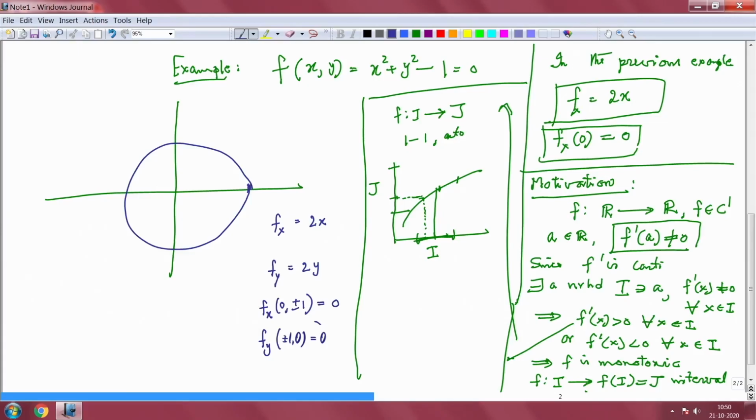So, these are the 4 points. Okay. So, let me mark with red color. So, you have 4 points here.